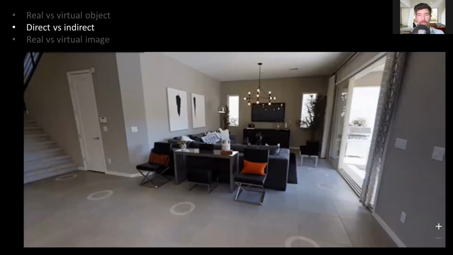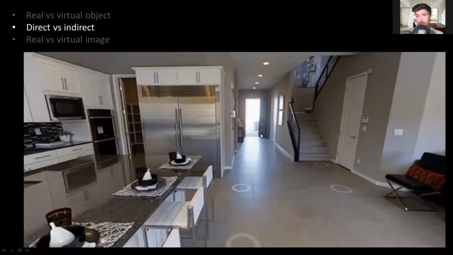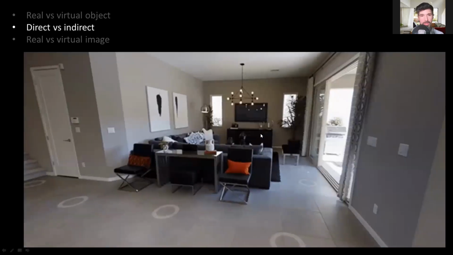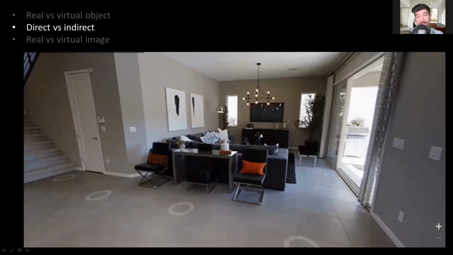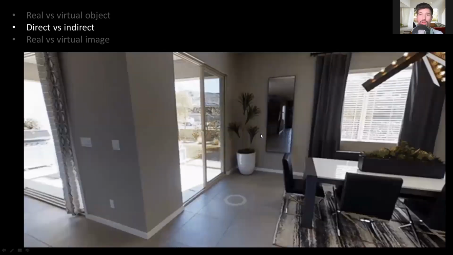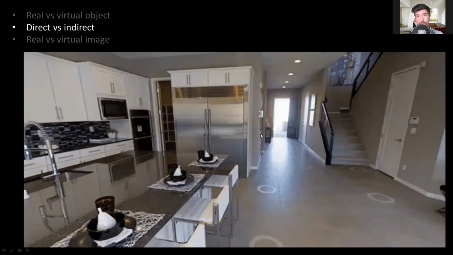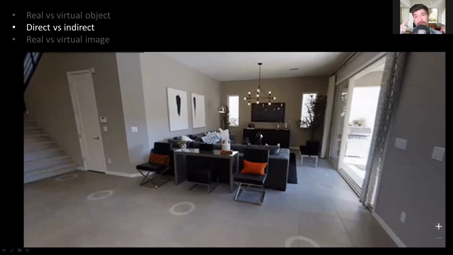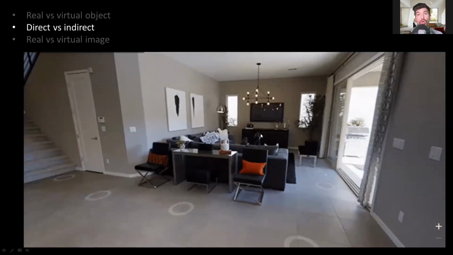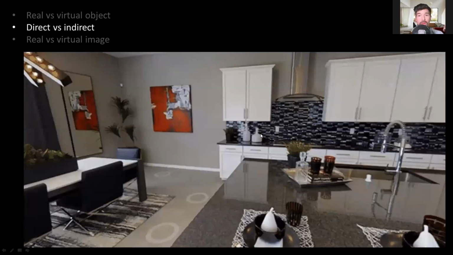So if we take a look at this image, for example, this is now a 360 view of a house that's on the market or something. And if we take a look at it right now, we can say that this is definitely indirect viewing because we are using a screen in front of us in the form of a head-mounted display or a monitor. That means that we do not have a real connection through air or through glass in order to take a look at this.